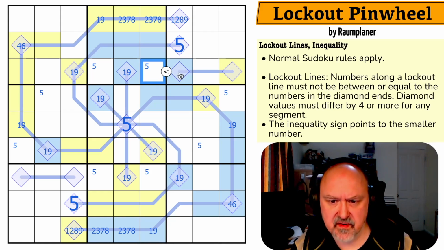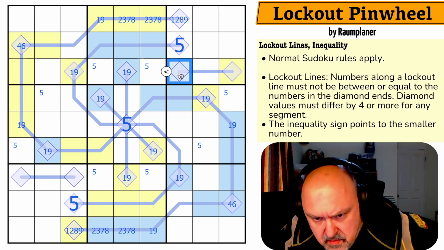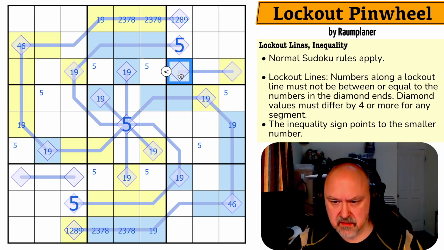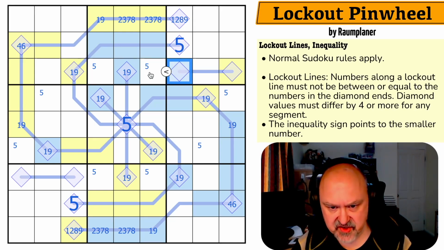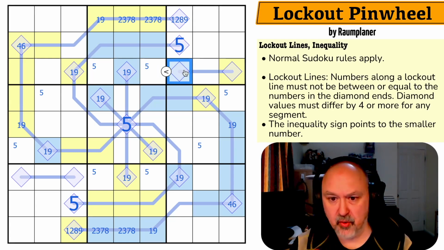If it's 5, this is higher than 5. Yeah, that's it. If this is 5, this is higher than 5, making blue the high digit. And if this is yellow, this is higher than yellow, making blue the high digit. So this is either higher than yellow or higher than 5. If it's higher than yellow, blue is high. And if it's higher than 5, blue is high.